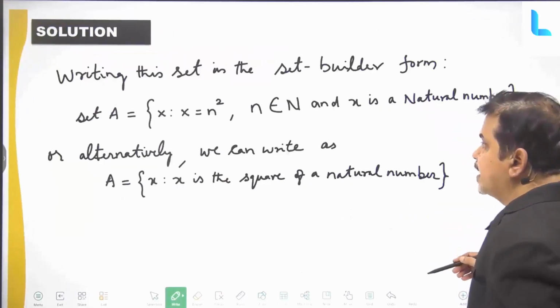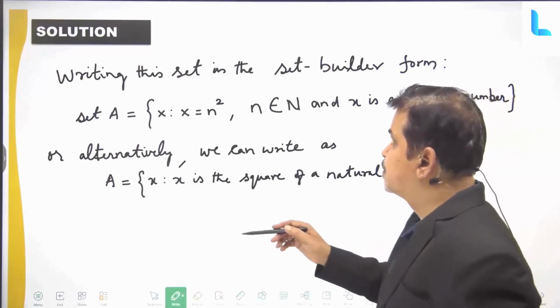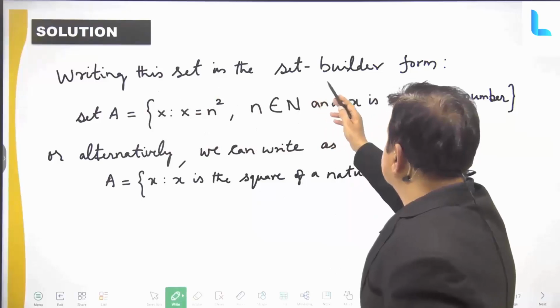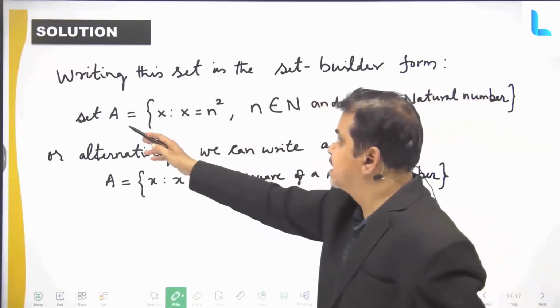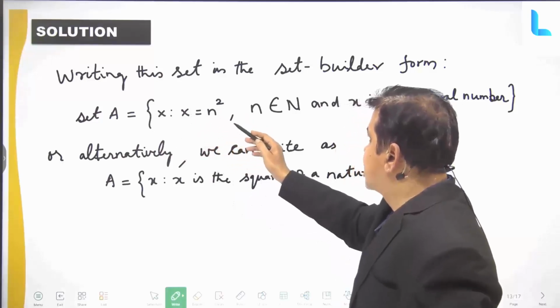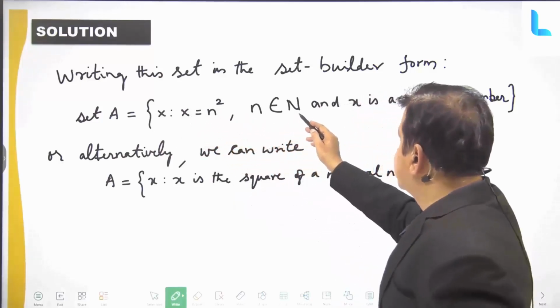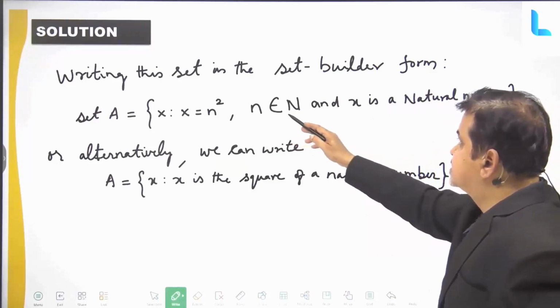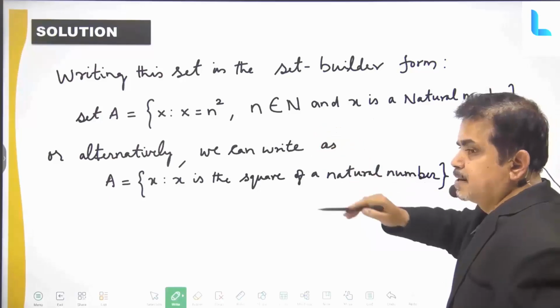So therefore we can express this by writing this set in the set builder form as set A = {x : x = n square and n belongs to N}, where x is a natural number, where N is the set of natural numbers.